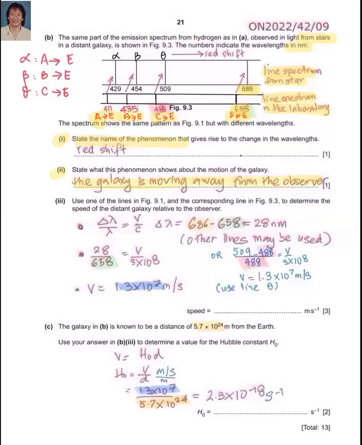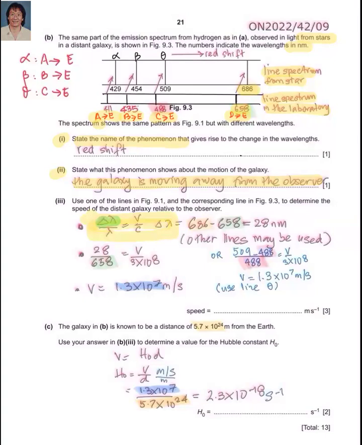Then for part 3, use one of the lines in figure 9.1 and the corresponding lines in 9.3 to determine the speed of the distant galaxy relative to the observer. So this is a formula which you have to use. The delta lambda, which is this one here, represents the change in wavelength.